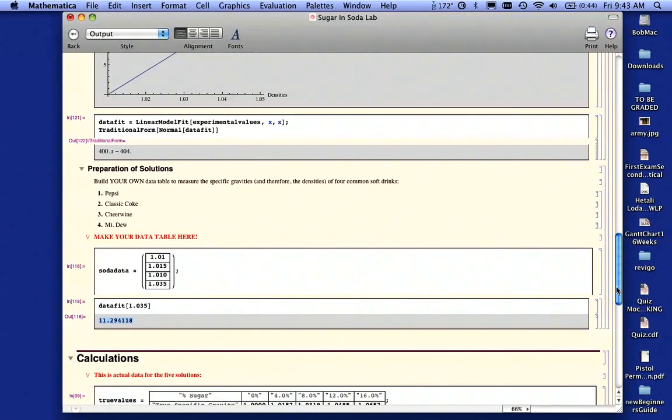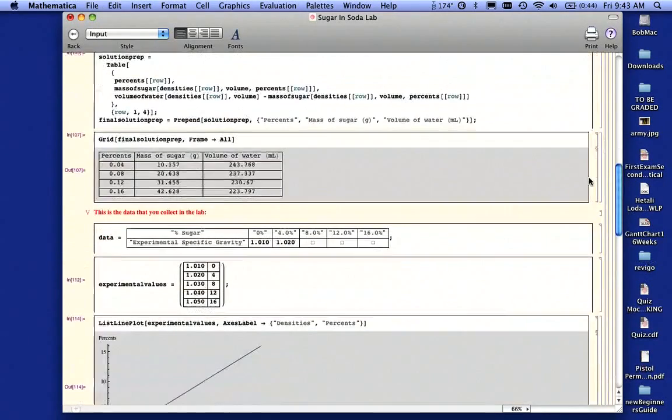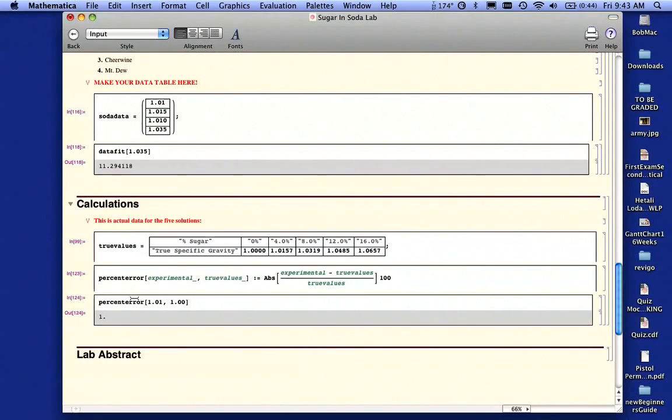Down here, I simply did a percent error calculation, so I calculated what I should have gotten as my specific gravity. When I did it up here, I got 1.01, so I had a lot of error there, but again, I'm making numbers up, and then I'm able to print out all my percent errors. So I hope this helps, and good luck on this lab.